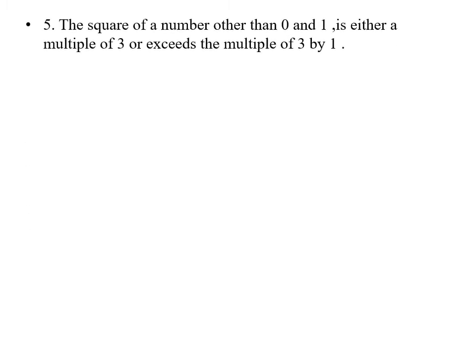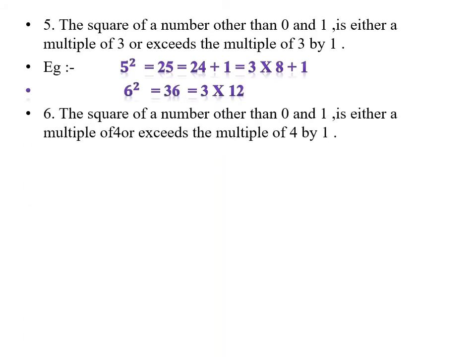Now in the next slide, the fifth property: the square of a number other than 0 and 1 is either a multiple of 3 or exceeds a multiple of 3 by 1. It means if you take any number, let us take here 5 square, which is equal to 25. We can write it in plus 1 form, that means 24 plus 1.